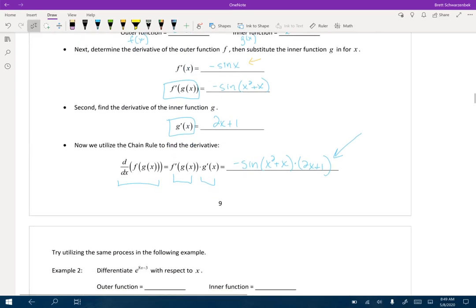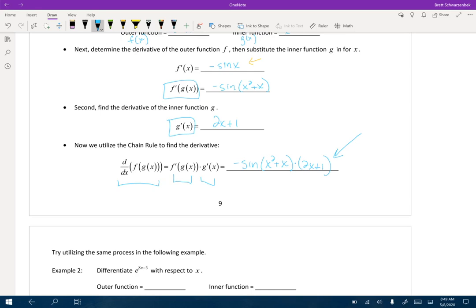Now note, students often struggle a little bit with this, because they'll see these two next to each other. What do you think their instinct is to do here? It's to FOIL, and that's absolutely something you cannot do. You cannot FOIL because this x squared plus x is inside the sine function and cannot be multiplied by anything else.